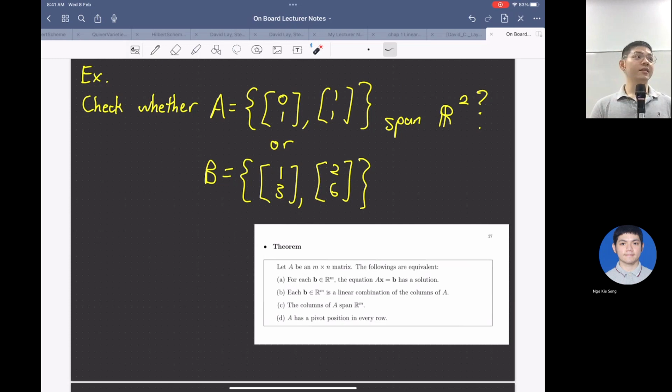Anyone want to try? A or B span R2? Anyone? Have you tried?